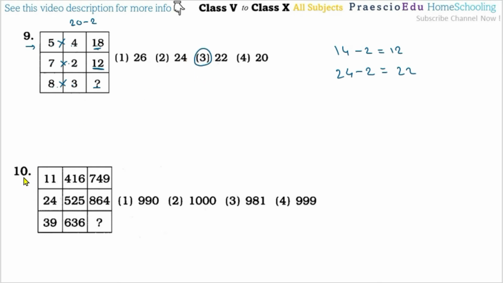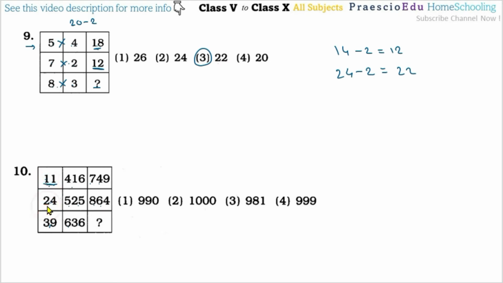Then question number 10. So 11, then 24, then 39, then 416, then 525, 636, then 749, then 864. So if we try to make the separations of these digits, means this one and this one, so 1 square is this one, so with formation of these two digits we are getting the 11.